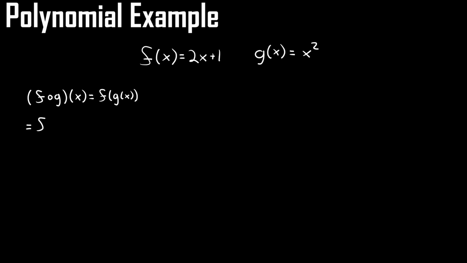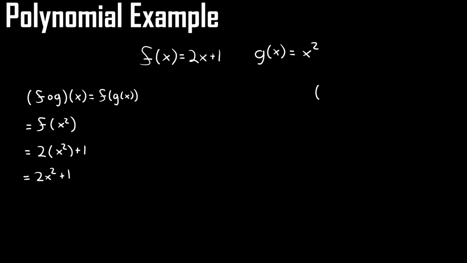So this will equal f of x squared. And so let's plug x squared into f. So we're going to get 2 times x squared plus 1, which simplifies to 2x squared plus 1.